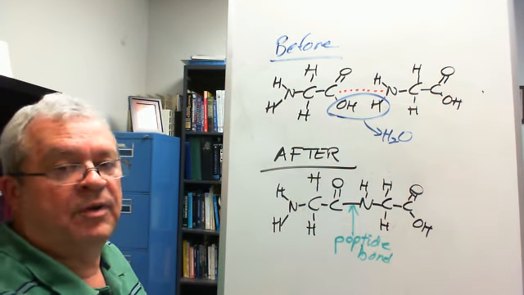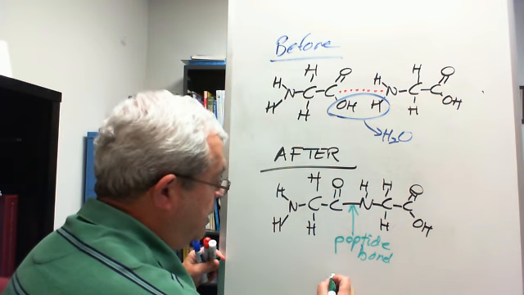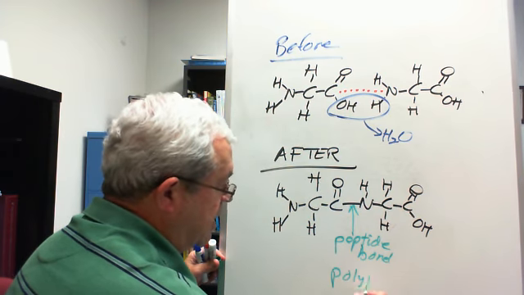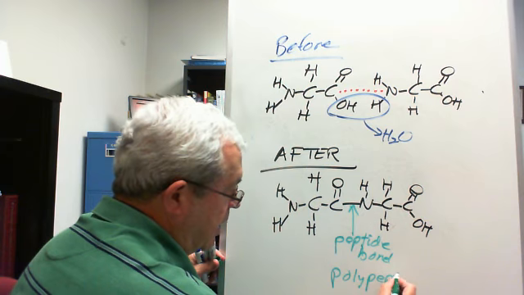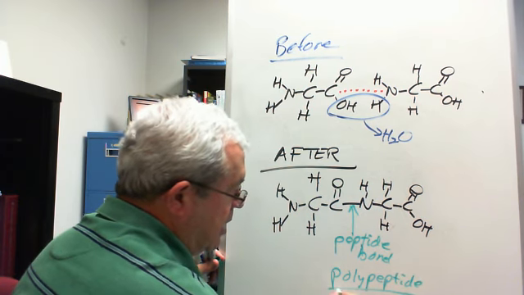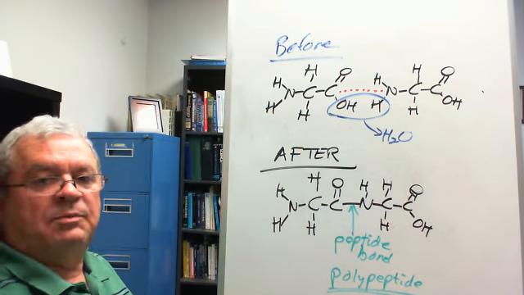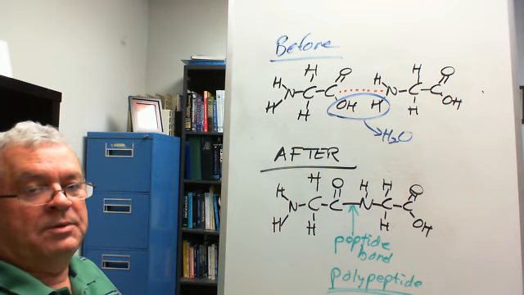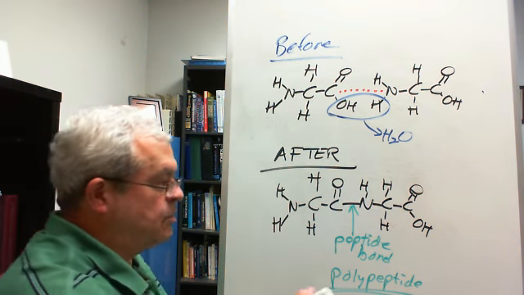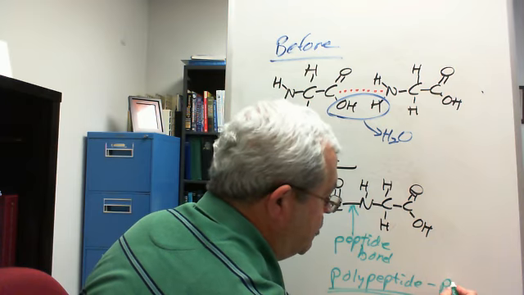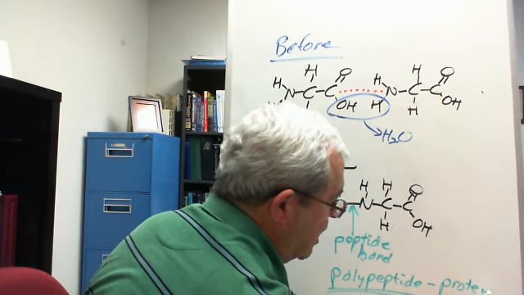And so in the previous video, we introduced the term polypeptide. What does polypeptide mean? It means many peptide bonds, and it is more or less synonymous for protein. Not exactly synonymous.